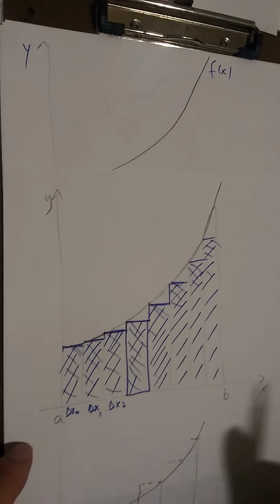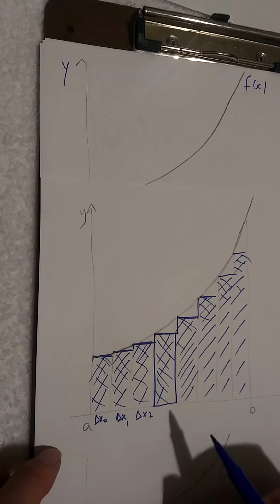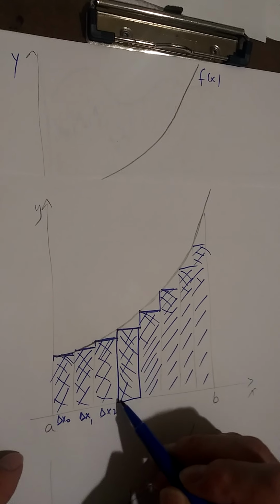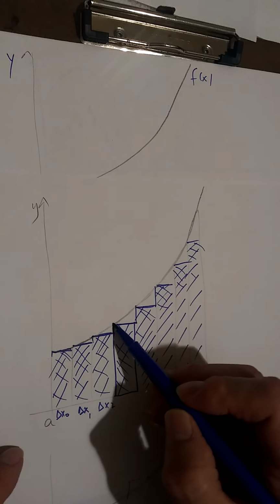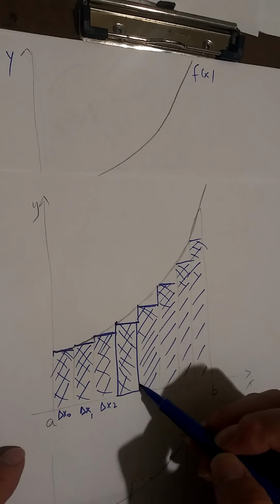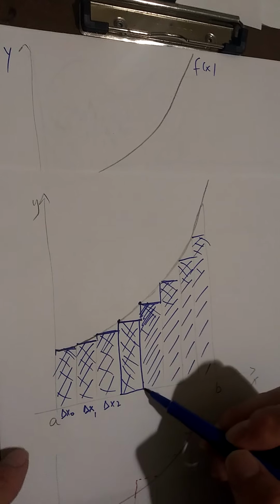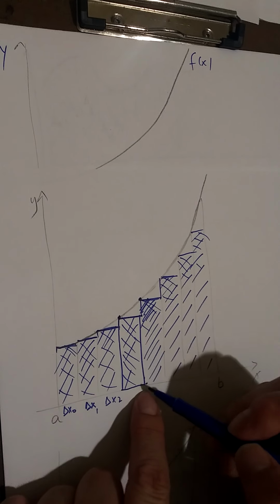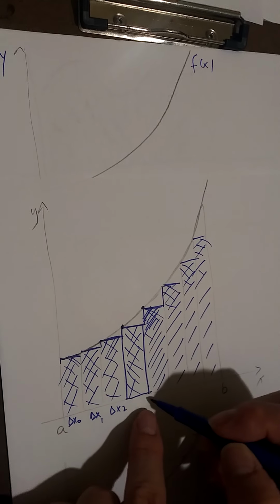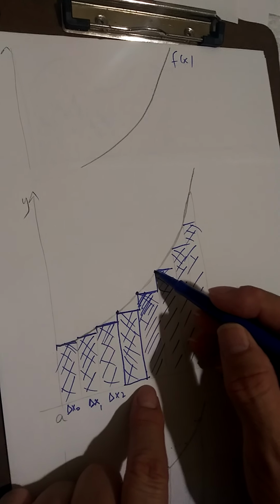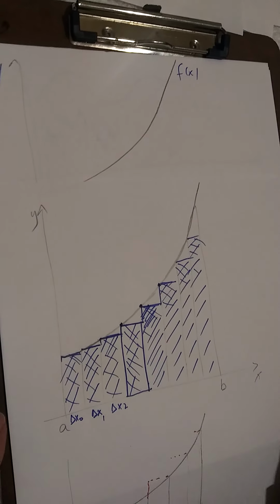Okay, the area of each of these rectangles would be width, which is delta x, times the height, and then the height is f of x. So it could be f of this x or f of this x. So for this particular slice here, the height is f of this x. Whatever this x is, f of x is the height. For the next slice, it's f of x for this one. Okay.